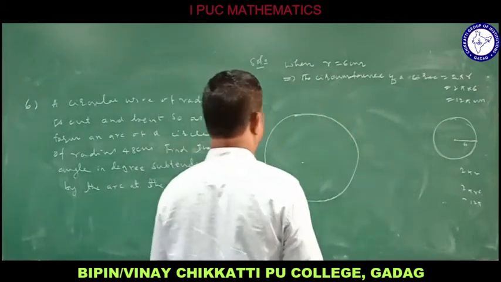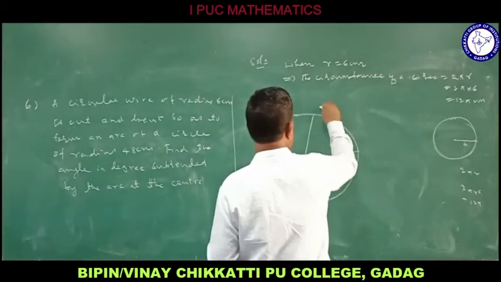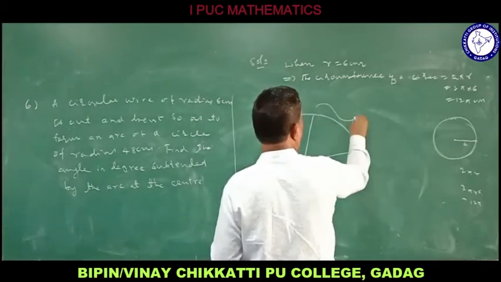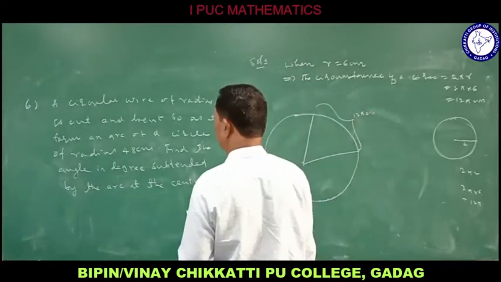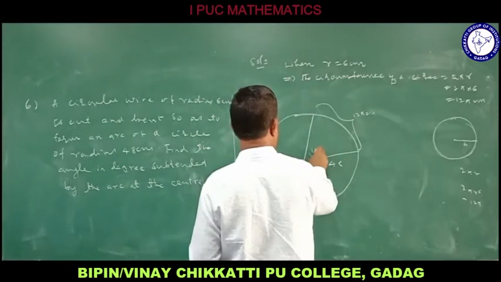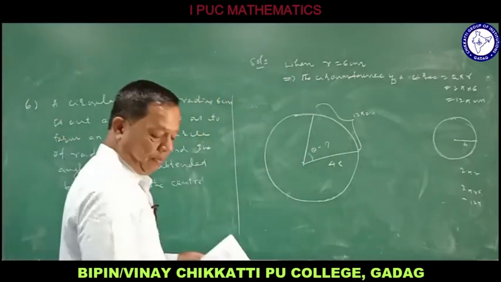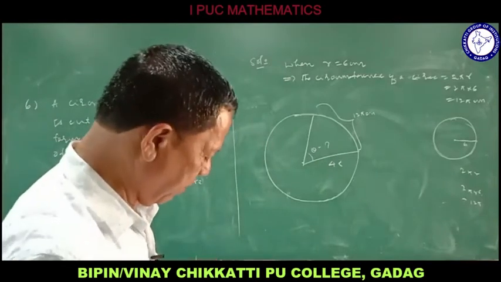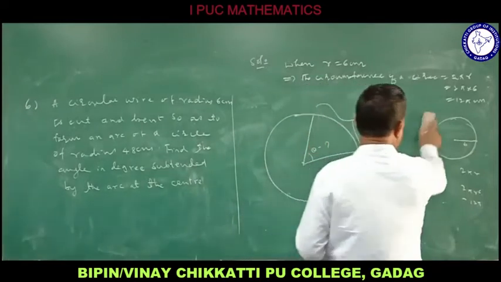So that is cut to form the arc length of a circle. So this arc is 12 pi centimeter, and it is an arc of a circle of radius 48. The question is, what is the angle? Now we have to use the same formula.